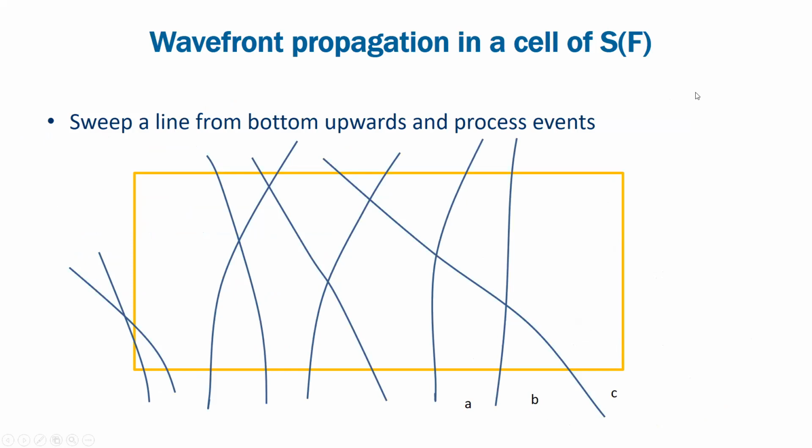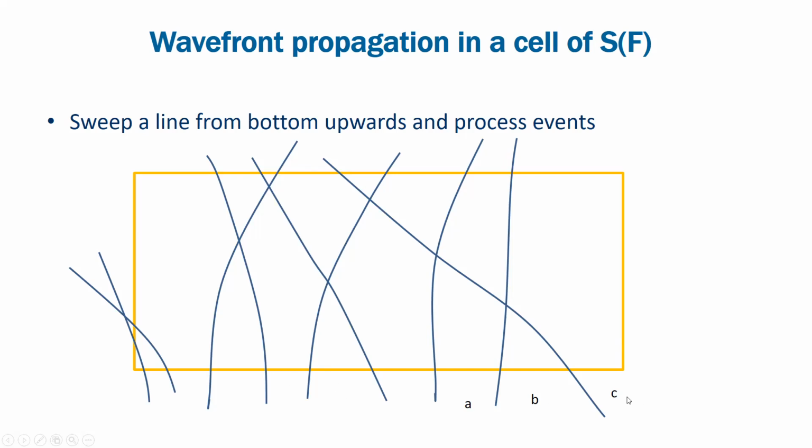Next, we briefly talk about how we propagate the wavefront in an individual cell of the conforming subdivision. Now we consider this yellow cell, an empty cell, namely it does not intersect any obstacle. Suppose we have a wavefront from the bottom side going upwards.